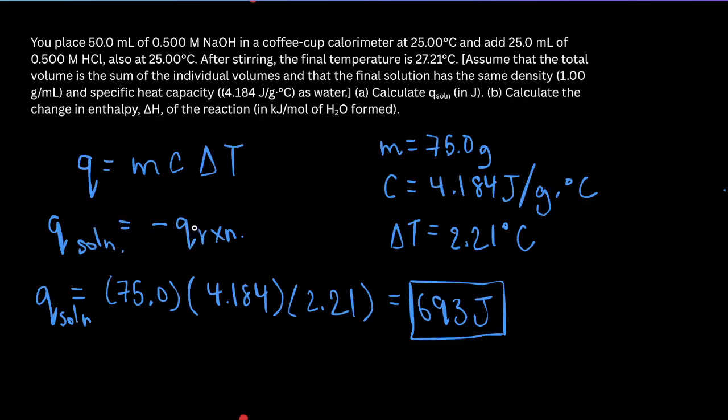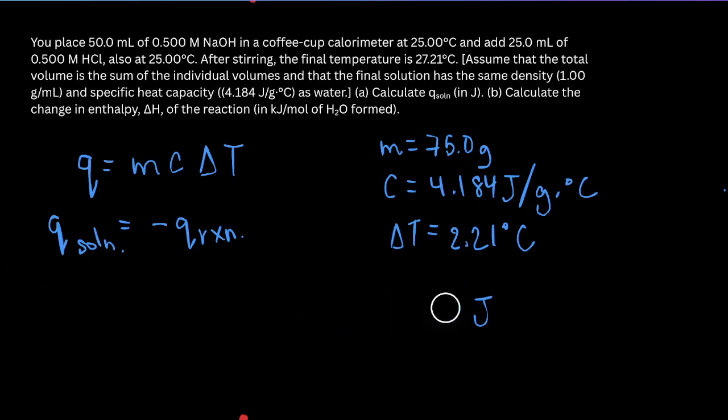So it's just important that you keep in mind what it is that we're looking at, whether we're looking at heat of solution or heat of reaction. Are we increasing in temperature? Are we losing heat? Keeping those things in mind and keeping the appropriate sign in mind. So anyway, our answer for part 1, this heat of solution in joules, is going to be 693.